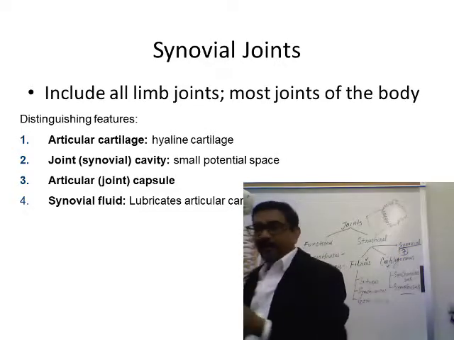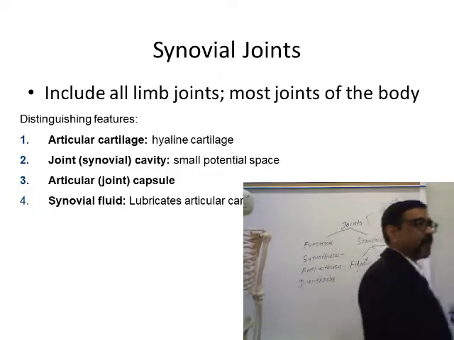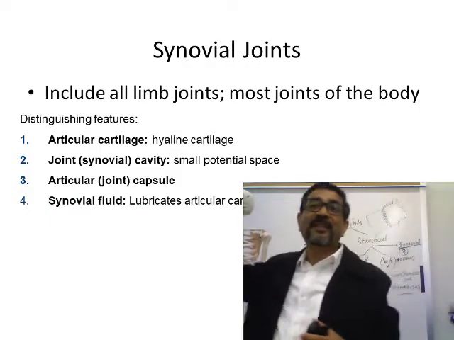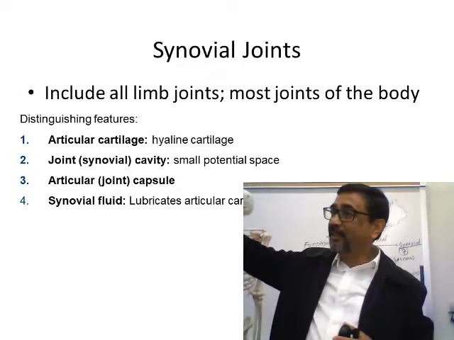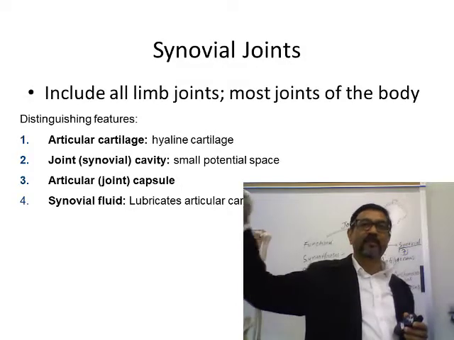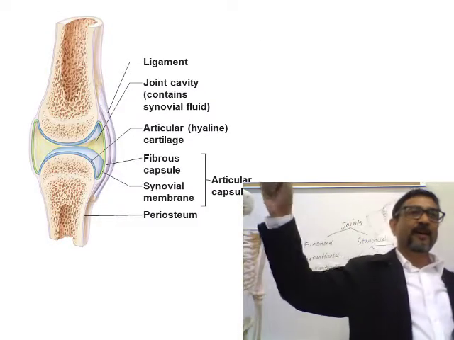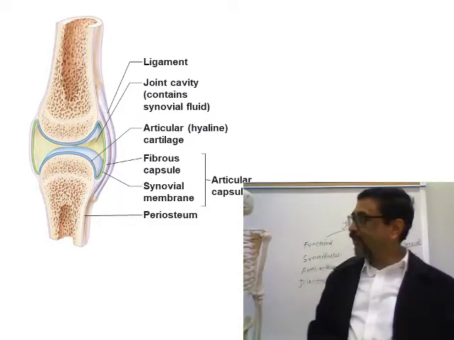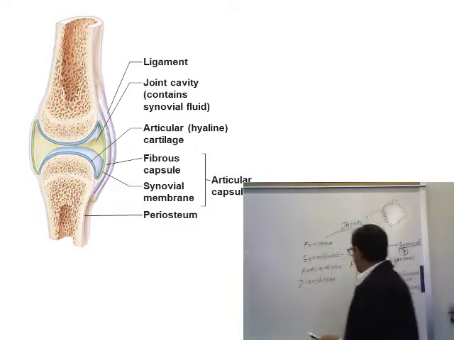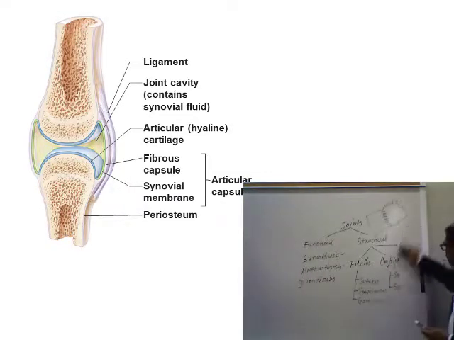And the cavity contains fluid, so synovial fluid must be present in that. So this is a typical synovial joint. You see this picture. I may ask you in your test, draw and label different structures of a synovial joint. So you have to draw them. Make sense? Okay.